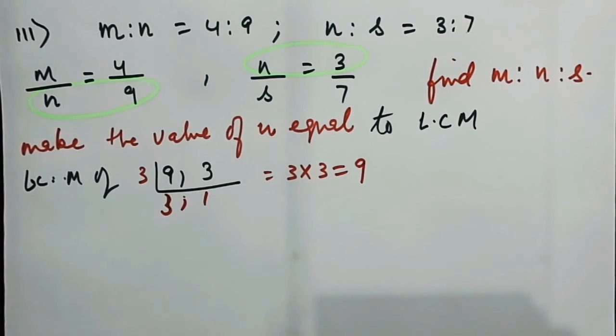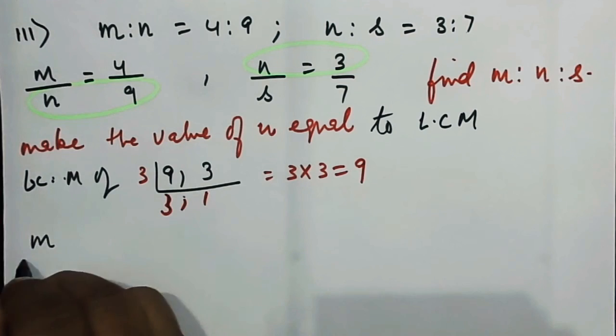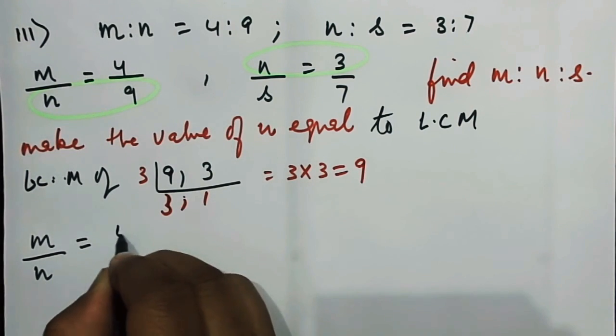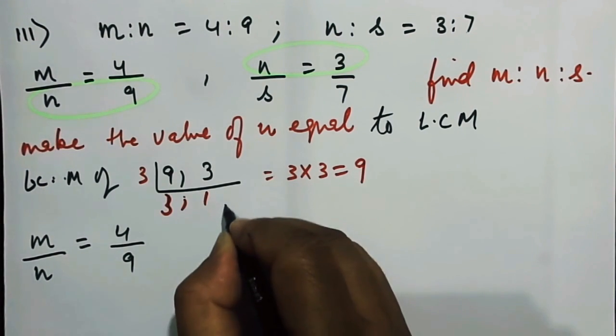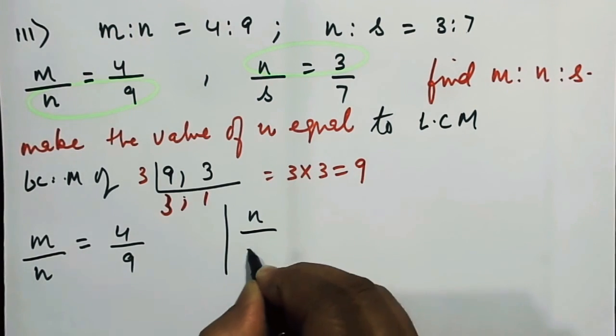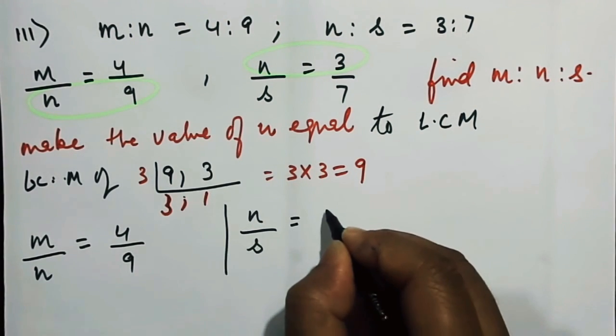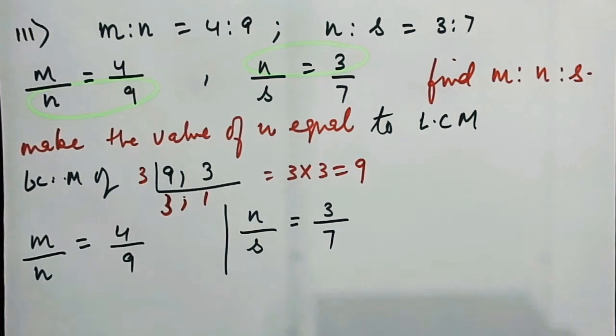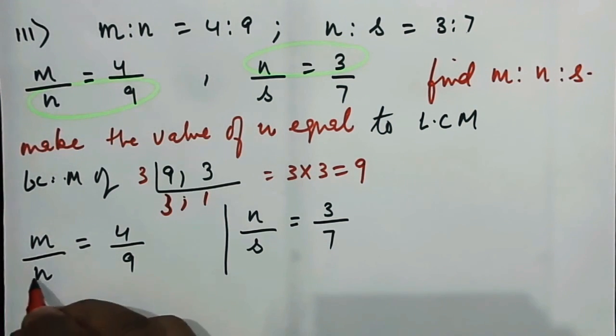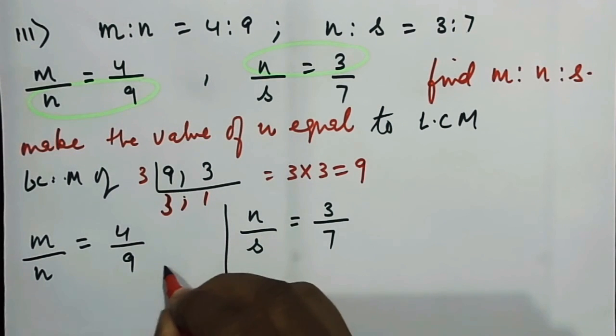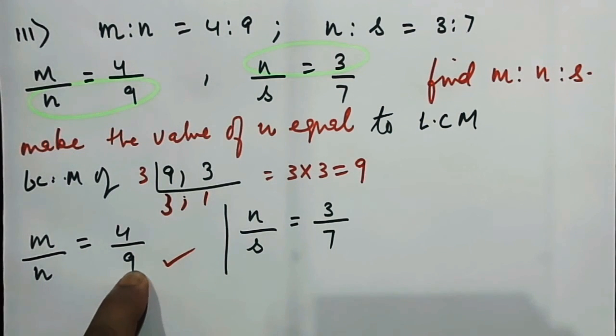So let me see once again. I am going to write m by n is equal to 4 by 9 and n by s is equal to 3 by 7. Here I am going to make the value of n equal to 9. So here n is already 9, you need not do anything.